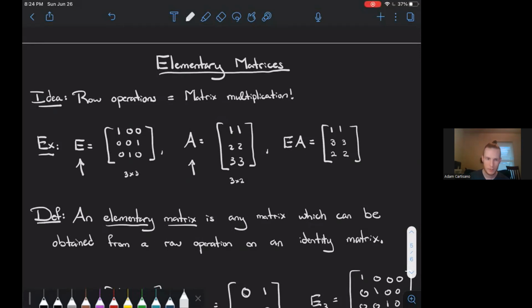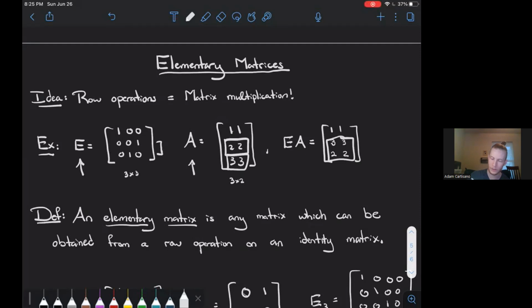And notice when you multiply them, you can check the multiplication if you want. It's very straightforward. You get a matrix that's almost the same, but the difference is that the bottom 2 rows switched places. Now, what's awesome is that the matrix that you multiplied by was the identity matrix.